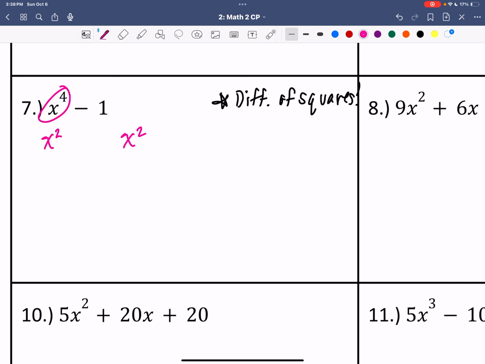And then here, you would take -1, and you're going to make that +1 and -1. And then remember, when you factor this, you can actually do more. So look here, this one, you can't do any more, so we're going to leave that as x plus 1. But now, let's look at this one. We've got another difference of squares.